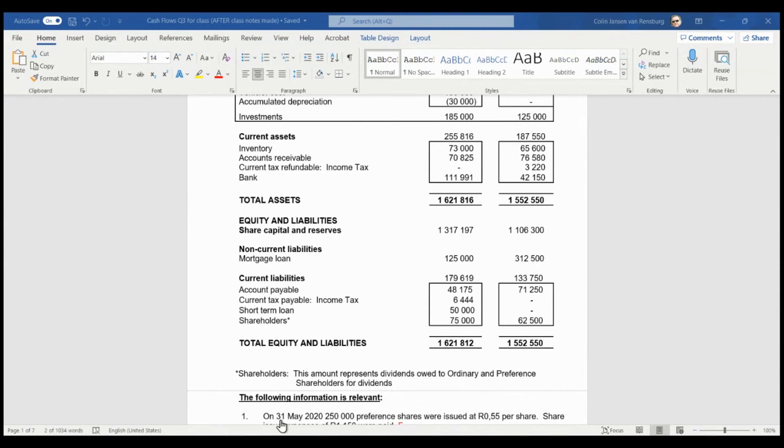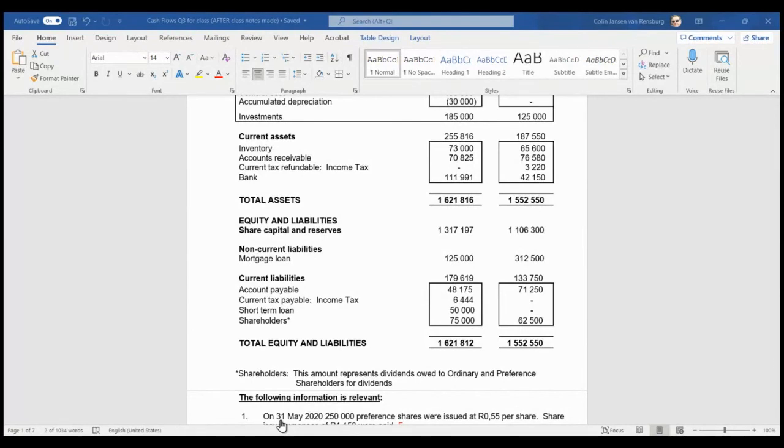Now you must remember, ladies and gentlemen, how did we describe it? Thank you, Nkobile. Thank you, Langa. How did we describe it when we did share capital? We said when we declare the dividend and we raise the liability, we're going to credit shareholders, right?